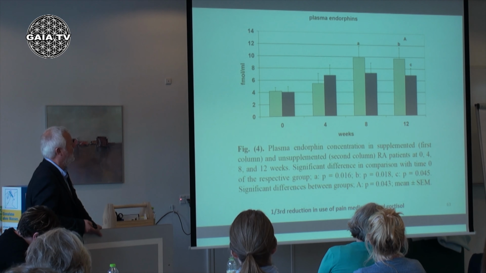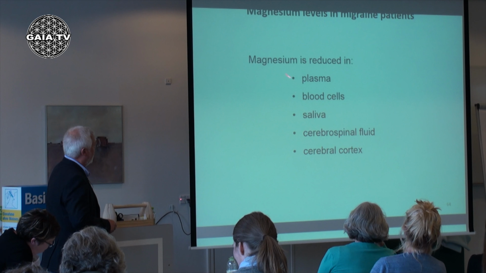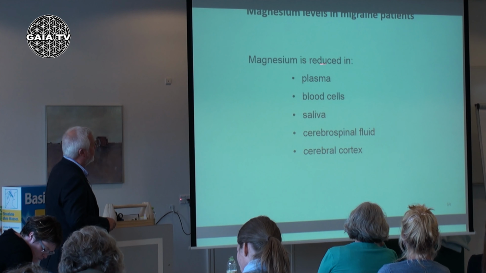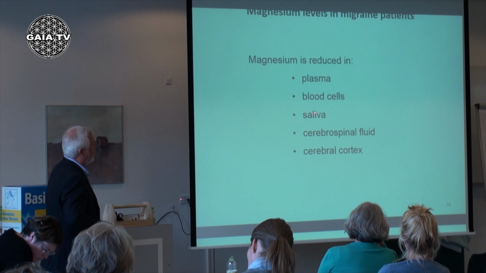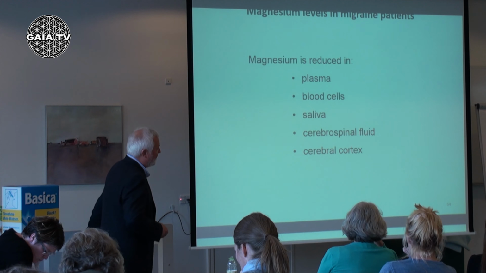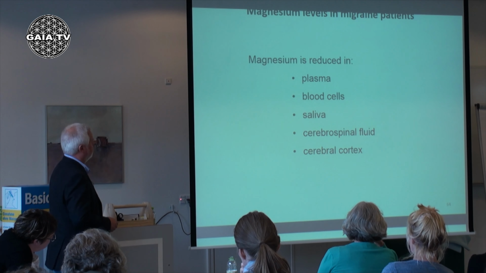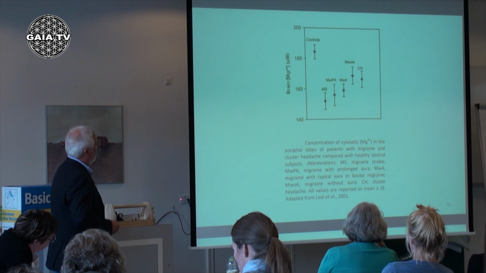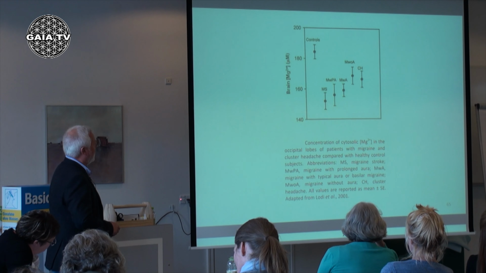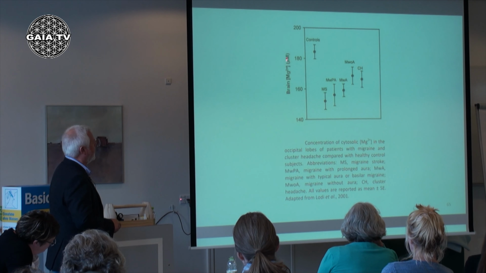Another problem connected to pain, of course, is migraine. And there's a close connection of magnesium to migraine. The magnesium level is reduced in plasma, blood cells, saliva, cerebrospinal fluid, and also the cerebrum in these migraine patients. And this is a nice study where the brain magnesium concentration was measured non-invasively, of course, by NMR.